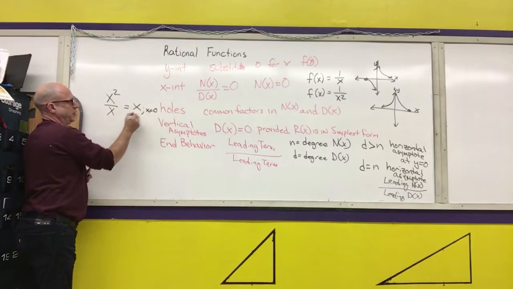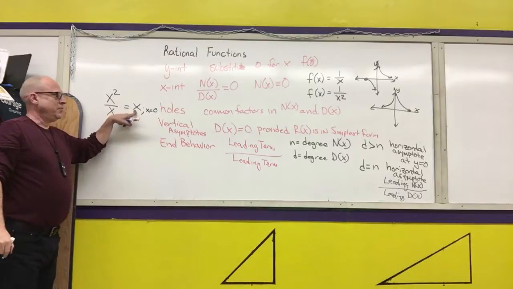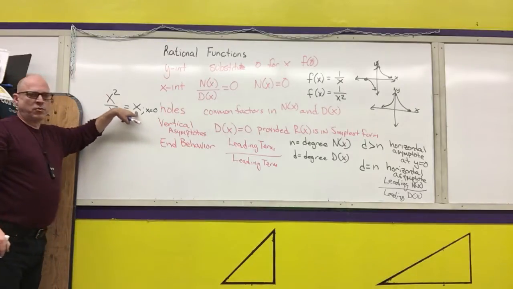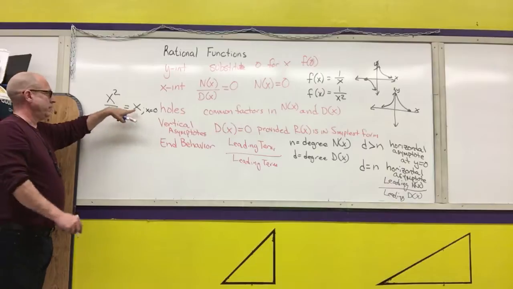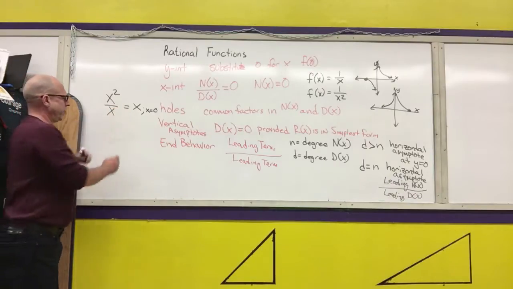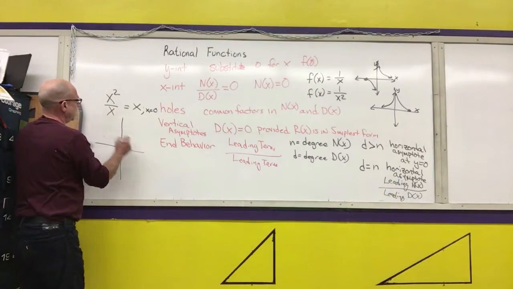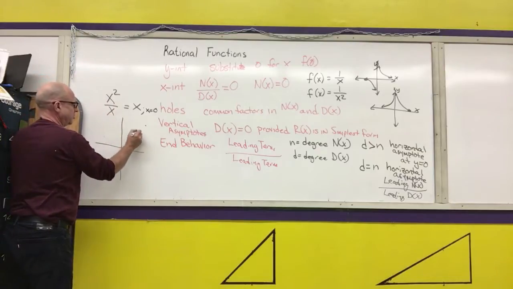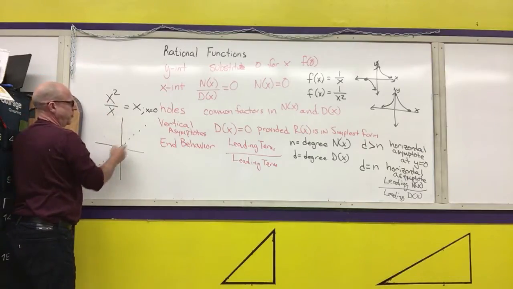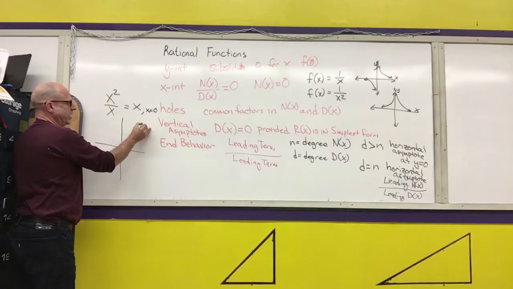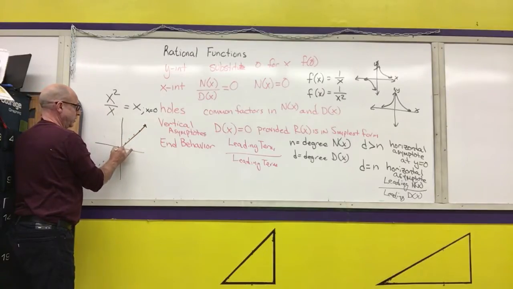Remember, we can't divide by 0. Basically, the end behavior is based off of what that's going to look like. That is the graph of our identity function. So this graph is going to follow along the line y equals x as x gets very, very big. It's x when x is not equal to 0.